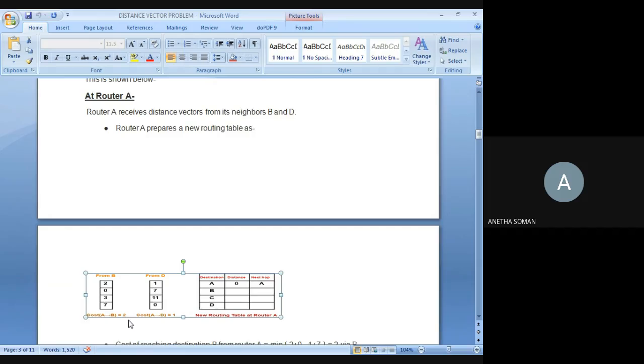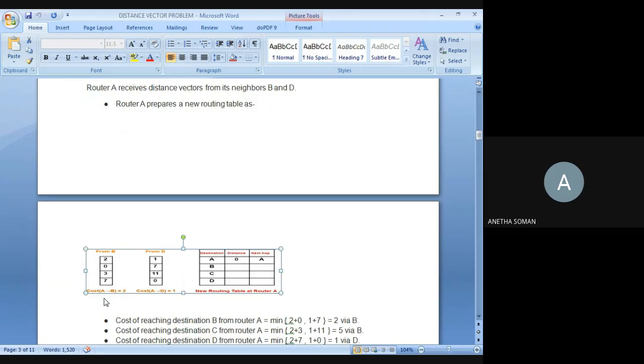So it will be added: 2 plus 7. It is the minimum of 2 plus 7, comma, then I can reach my destination D through D itself with a cost of 1 plus 0. So it is 1 via D.